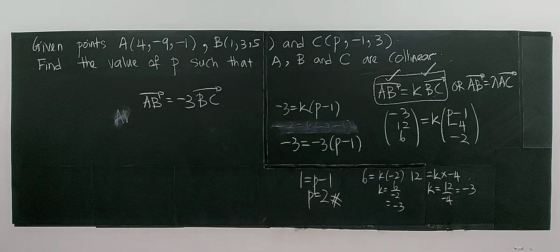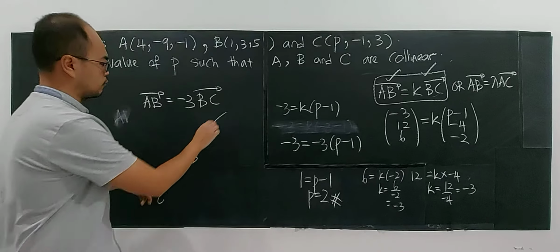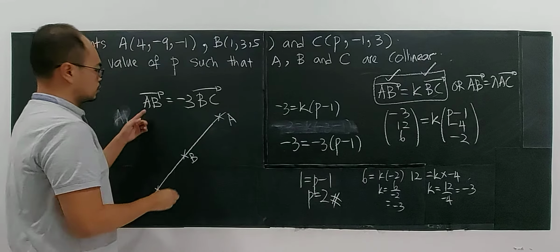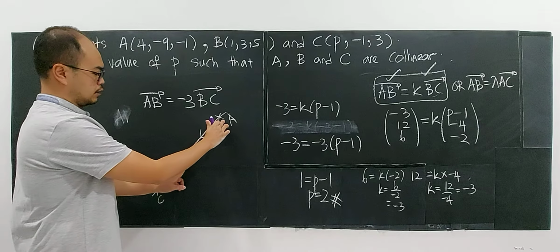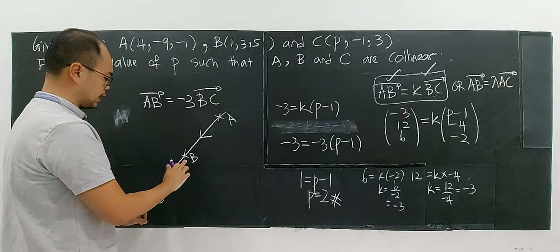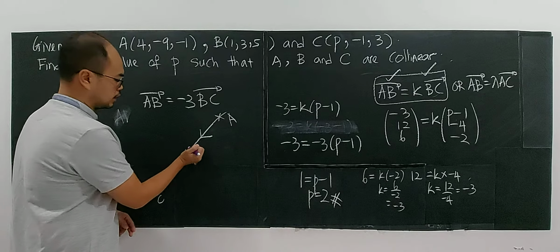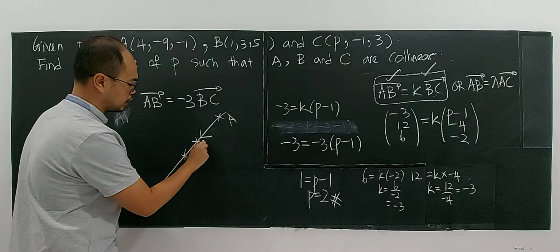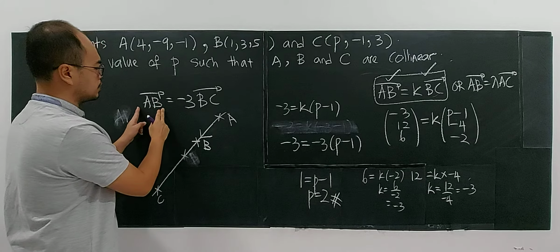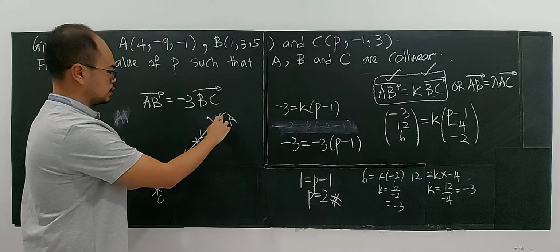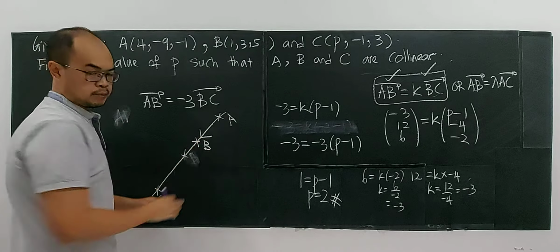So what's the meaning here, right? The meaning here is very simple. If you have ABC, it means that AB is 3 times the BC, which means that B is nearer to A, because you see A to B will be longer.